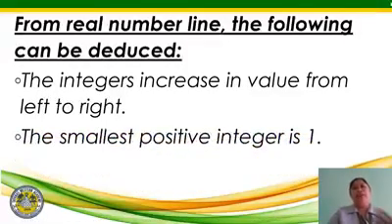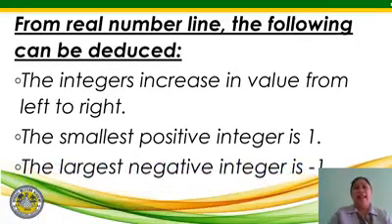If we are talking about positive integers, remember that the smallest positive integer is positive 1, while the largest negative integer is negative 1.